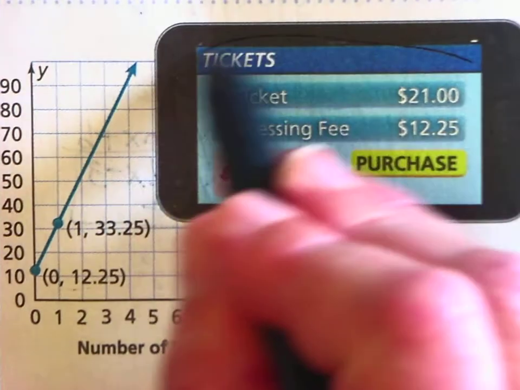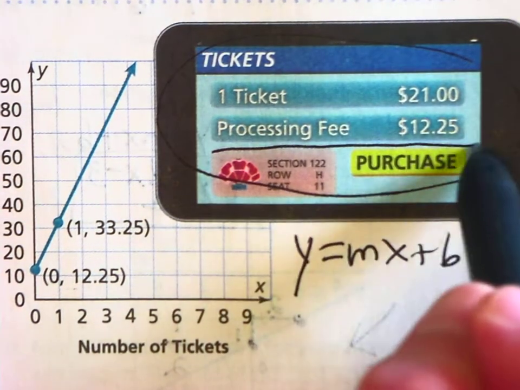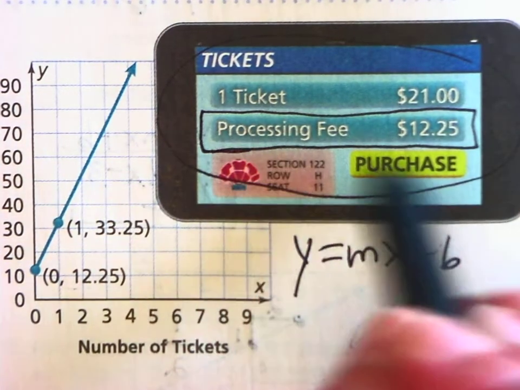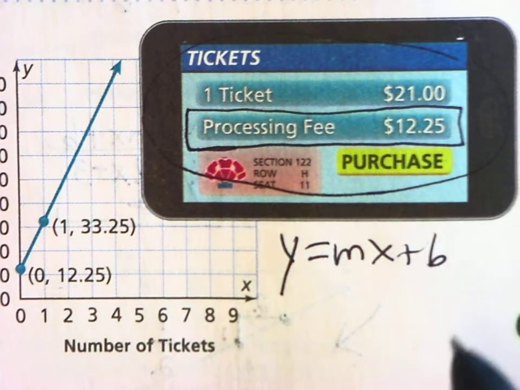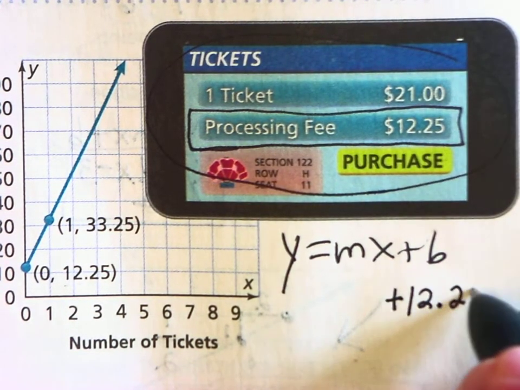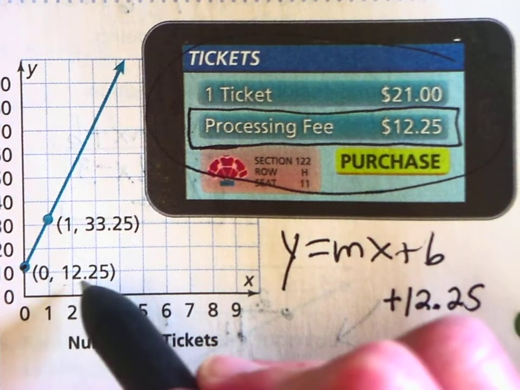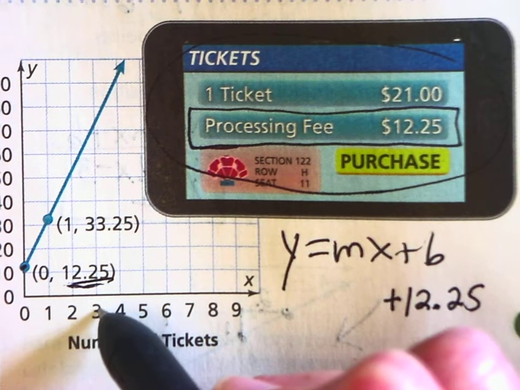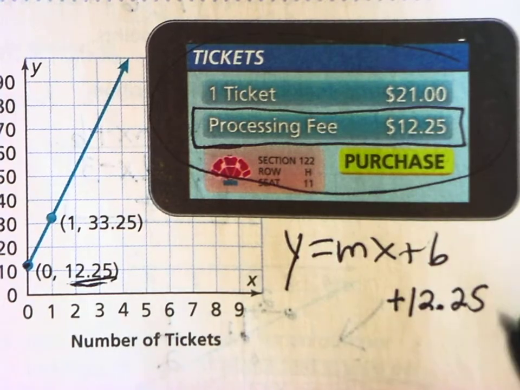So here, again, here's your information. The processing fee, that's a one-time fee you pay. You have to pay that upfront for them to process how many tickets you're buying. So that is your y-intercept, $12.25. And it tells you that right there in the point. So that's your initial value, your y-intercept.